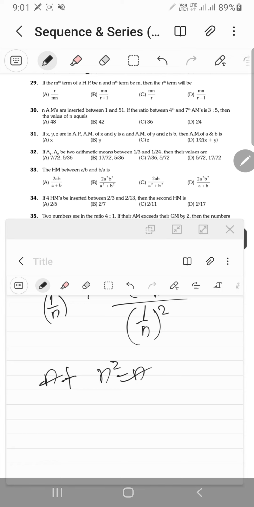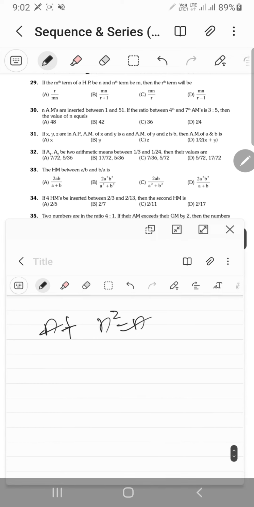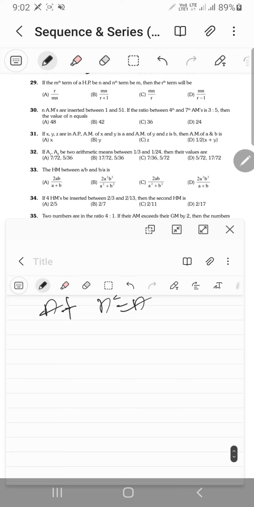If the nth term of an AHP is n and the nth term is m, then the rth term will be, okay, the corresponding AP has the nth term as 1 upon n and the mth term as 1 upon m.